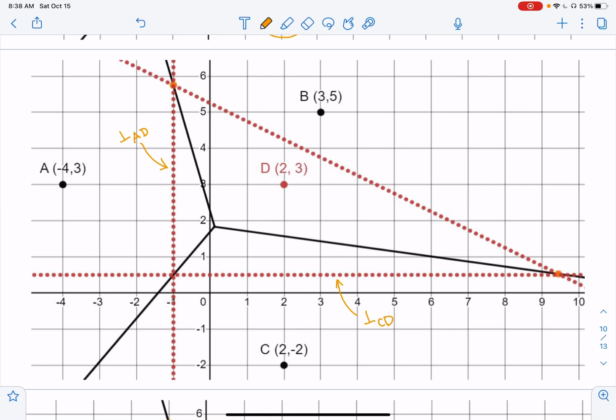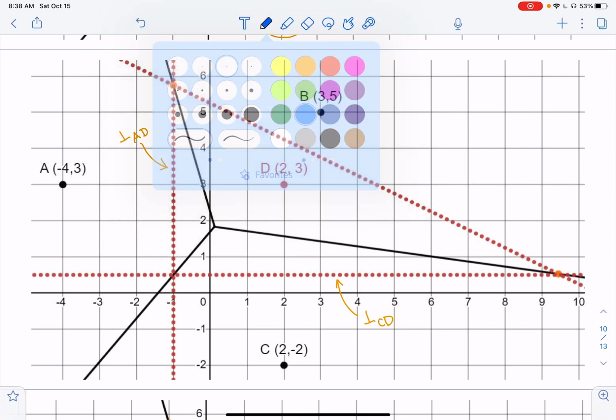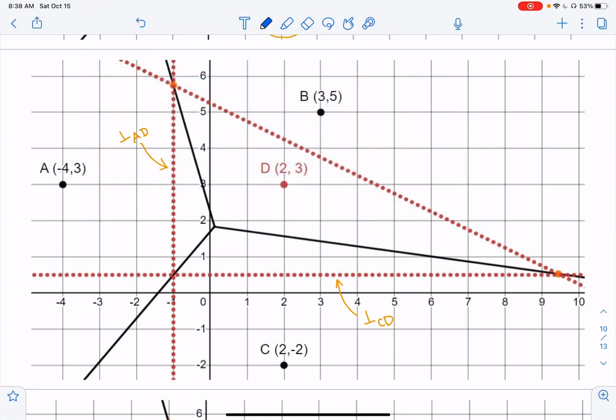When we do that, as you'll recall, we want to get rid of the portions of these perpendicular bisectors that are closer to an arbitrary site than they are to the sites that they're concerned with. So for instance, this perpendicular bisector, this horizontal line here, AD, the portion that extends beyond this vertex is closer to site C than it is to sites A or D, so we're going to remove it. We're going to do the same thing with the portion that extends into cell B. We don't need that portion.